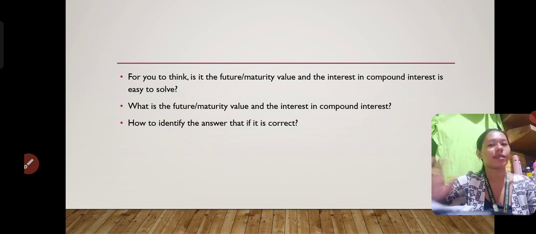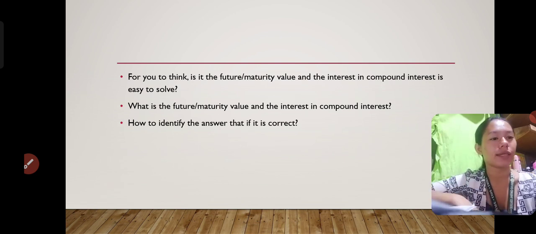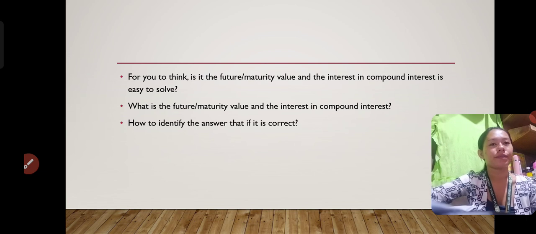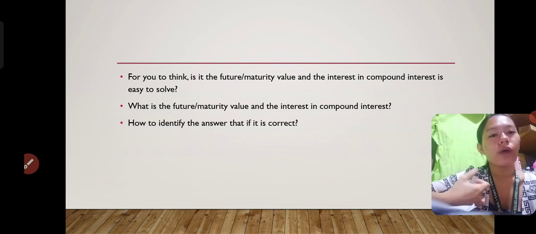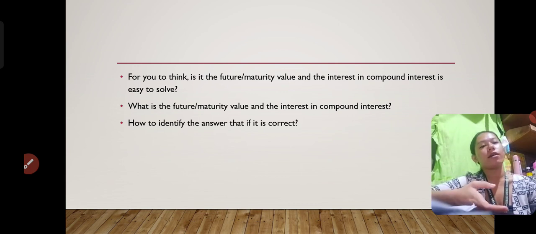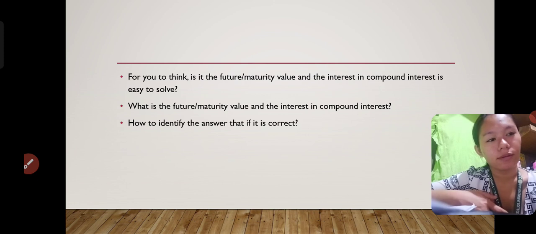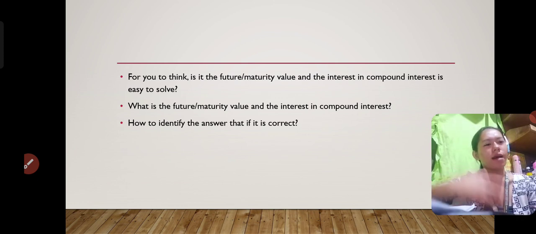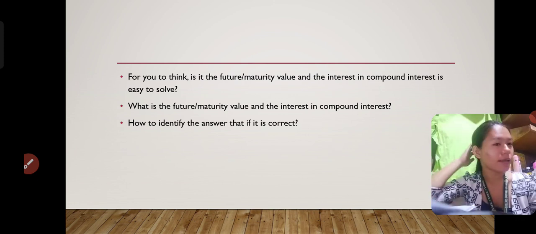What is our topic for today's discussion? Okay, Bea. Very good. How to identify if the answer is correct? Paano daw natin malalaman kung yung sagot natin is tama?